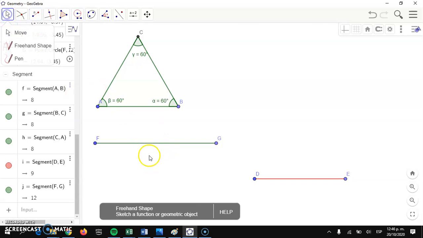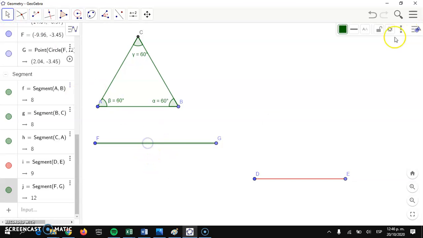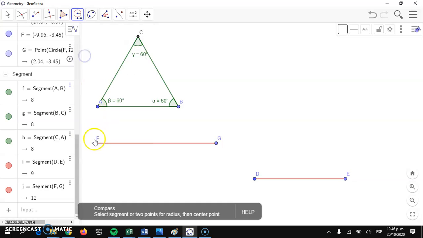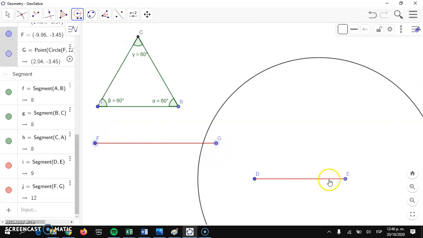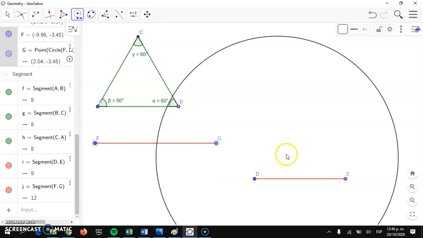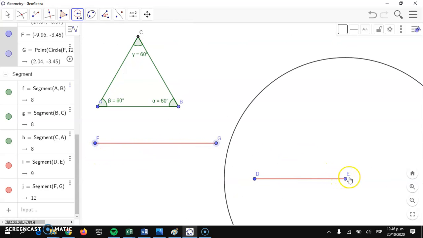I got to change the coloring here to make it red. So for moving this segment and building the triangle on here, what we're going to use is the function compass. So this is like I was measuring with my compass this side, and I'm going to place it the center in here.